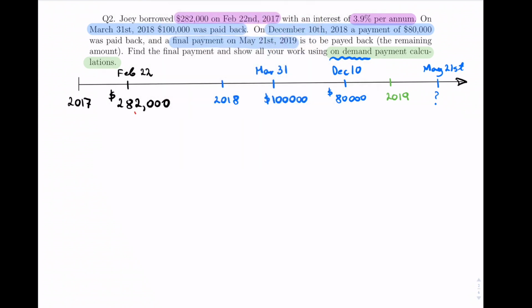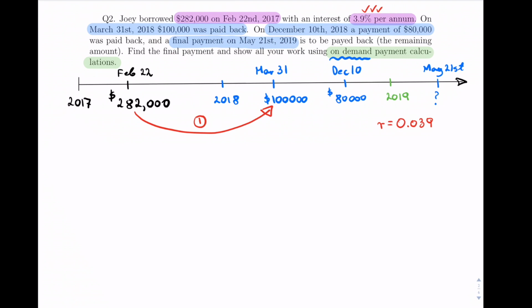Okay, so meaning, because it's getting paid off on demand, we're going to first move 282,000 to March 31st. It's going to accumulate interest. Now our interest throughout this whole thing is 3.9%. Okay, so that's right here. And as it accumulates interest, that 282,000 is going to grow.